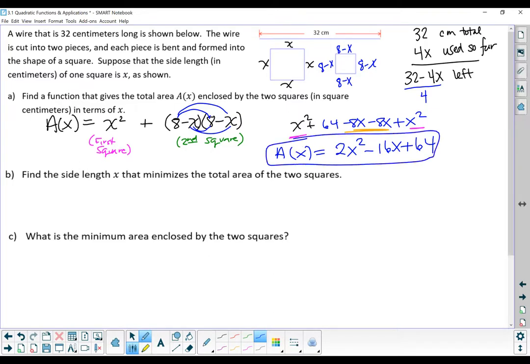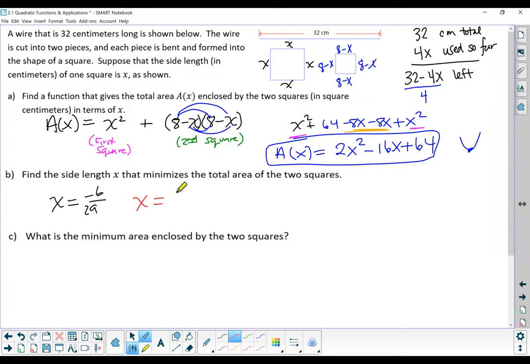All right, so this parabola does open upward. It has a positive coefficient of 2, so the vertex is the minimum. So we are going to find the minimum value, and first we've got to find that side length x using the axis of symmetry, negative b over 2a.